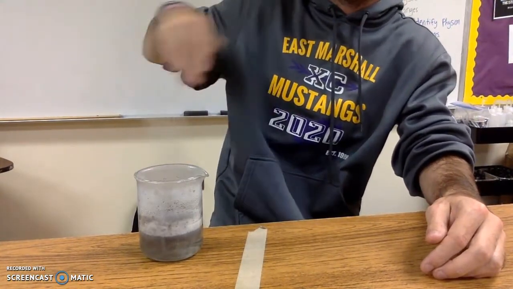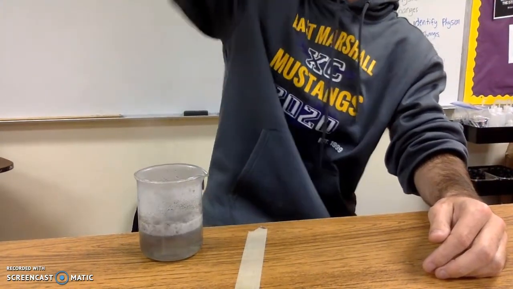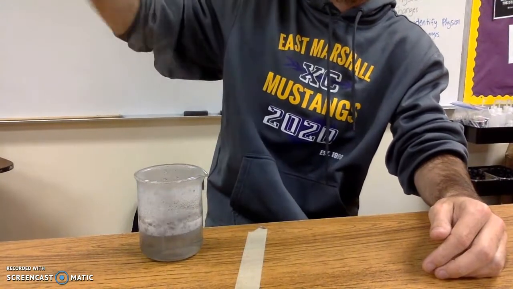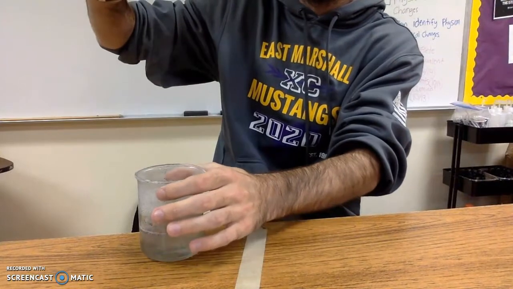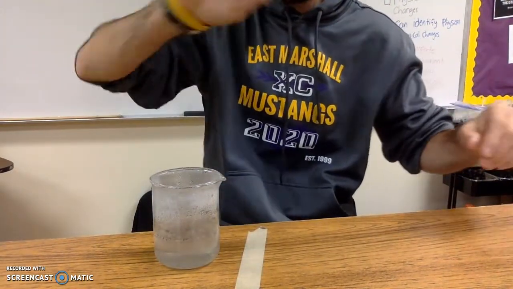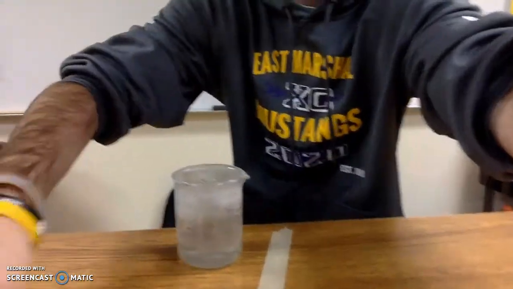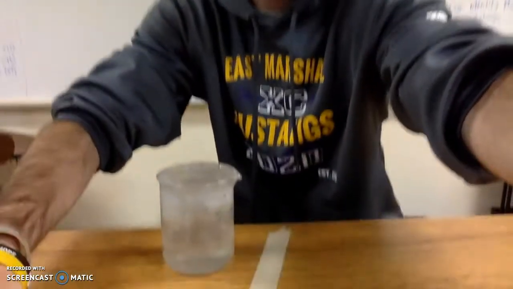This is kind of like the genie in a bottle, right, where a lot of smoke was made. It's starting to calm down now. But when I touch that glass, holy smokes, is that hot. Yikes. And when you look into this, you can see that the aluminum foil is just completely deteriorated. It's just not even there.